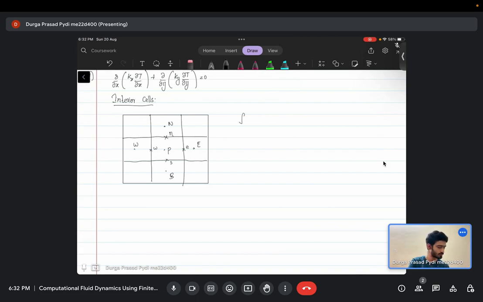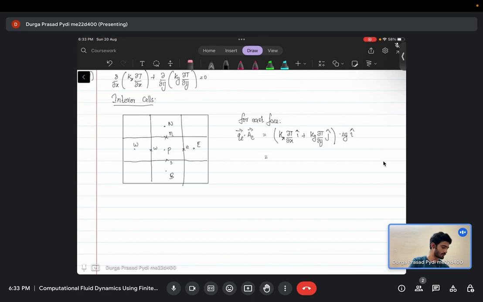So for the east face, our flux is given by del T on the east face dot A east, which is essentially Q E times A E. So your Q E is essentially Kx del T del x i hat plus Ky del T del y j hat, times your A E, which is essentially delta y times i hat.